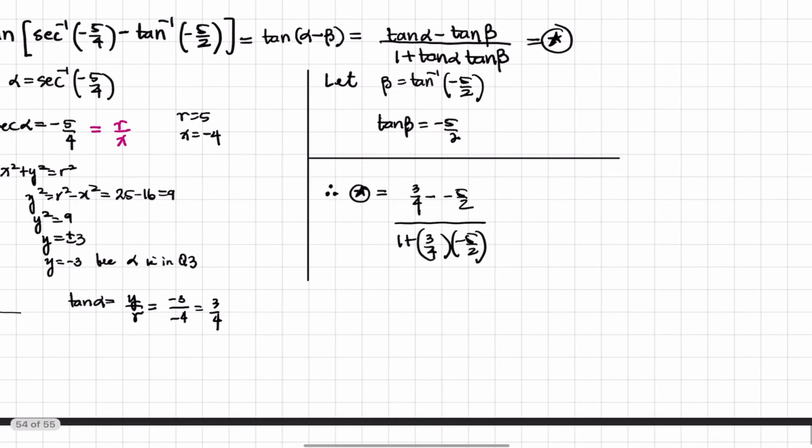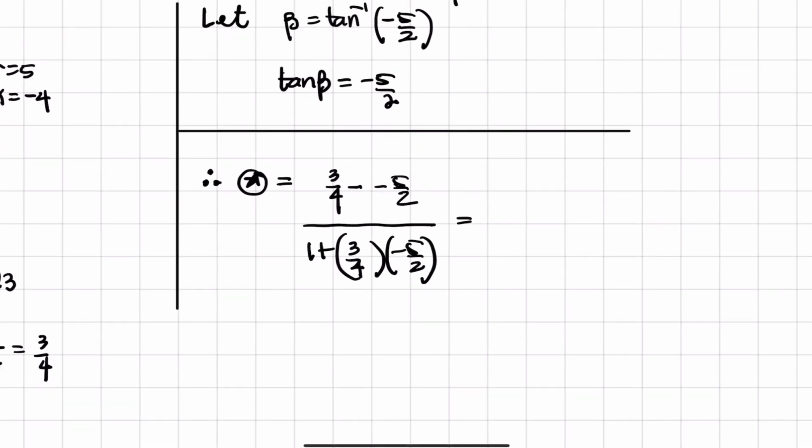Kasi simplify na lang natin yan, no? 3/4 plus 5 halves. 5 halves is 10/4. All over 1 minus, is it 15 over 8? Sige. So, 13/4 divided by, ano yan? Ano ito? 8 minus 15, negative 7 ba yun?